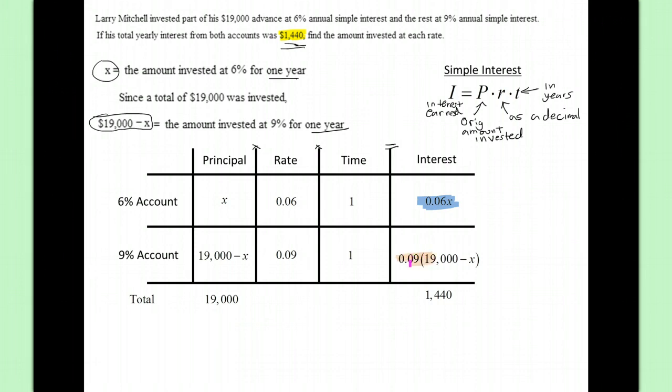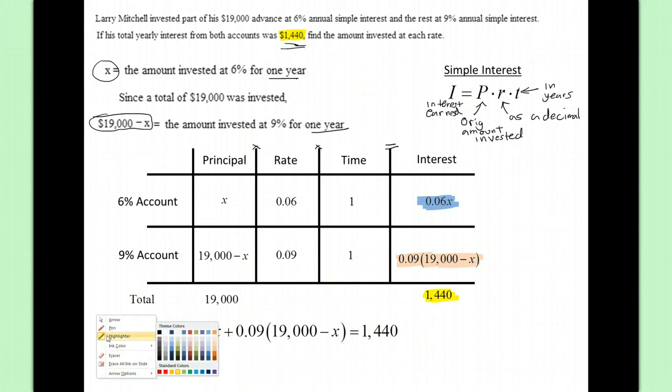These two added together should be equal to 1440. So we set up that equation: 0.06x plus 0.09 times the quantity of 19,000 minus x should be equal to 1440. Okay, great. And this will be an equation that we can solve in terms of x.